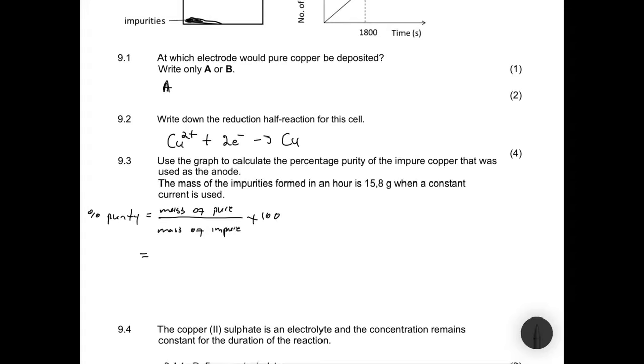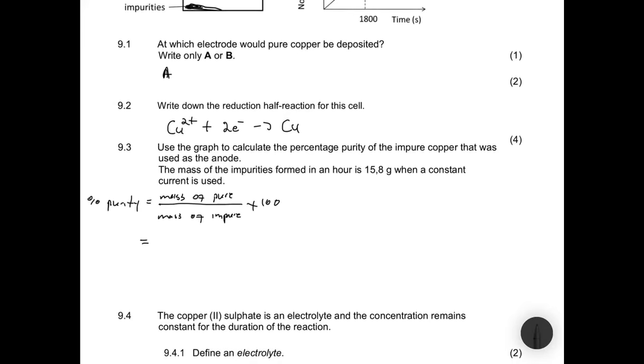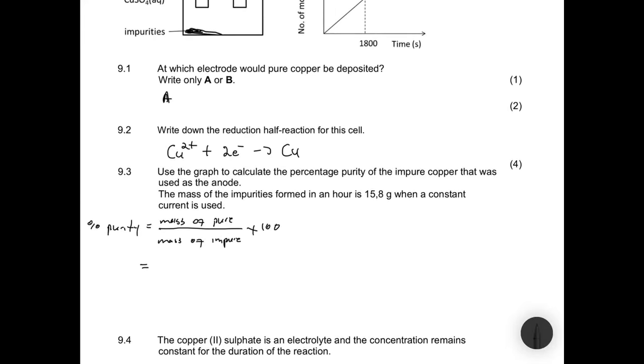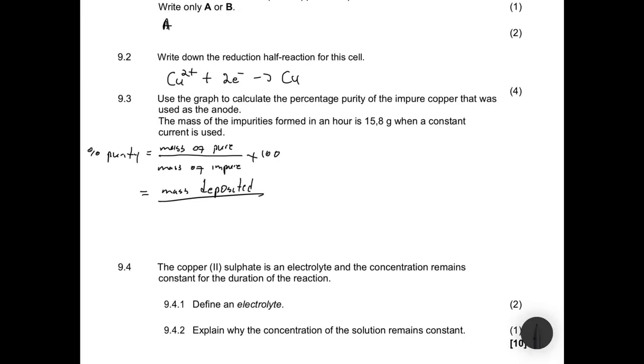The mass of the pure sample will be the mass deposited at the cathode, right? So here we're gonna have mass deposited, and then the mass of the impure sample will be the mass deposited plus the impurities that are left behind, right?